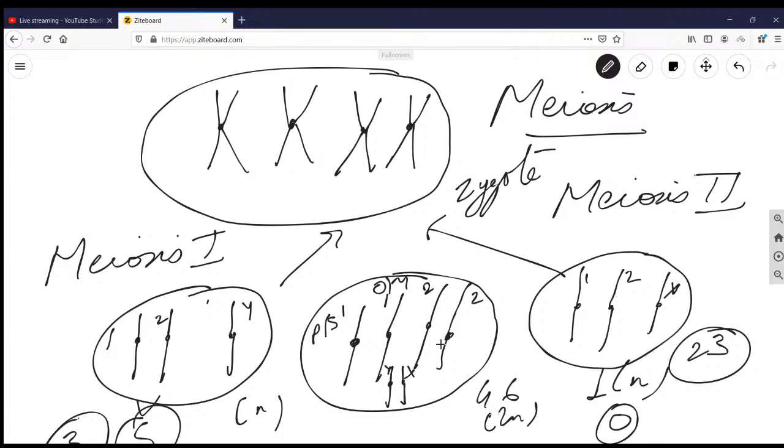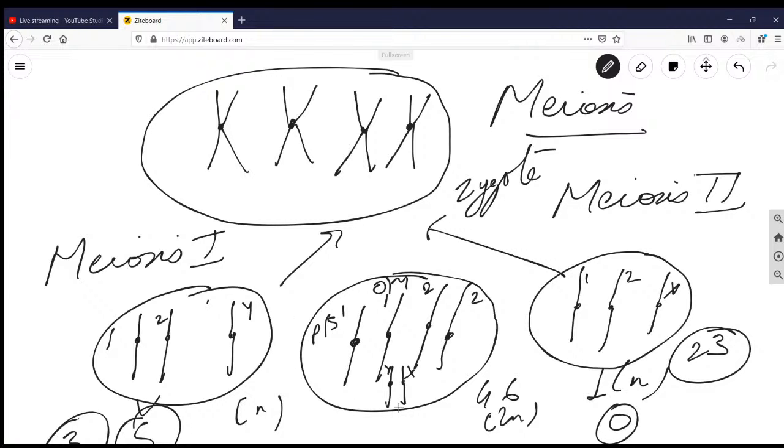Homologous means their DNA sequence is not completely identical but they are similar in the sense that they code for the same proteins and have the same set of genes, because the mother and the father are completely the same except for their sexes, and sexes are controlled by the last chromosome, the 23rd. That will not be the same.